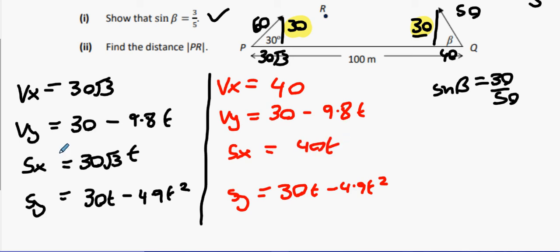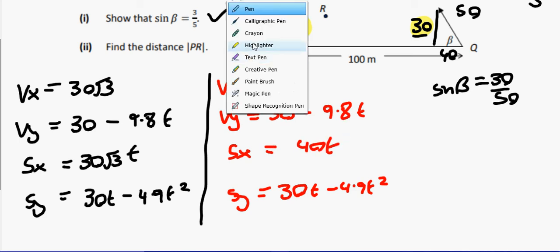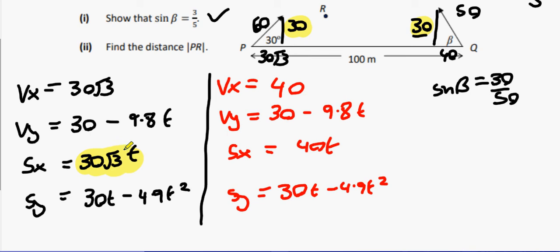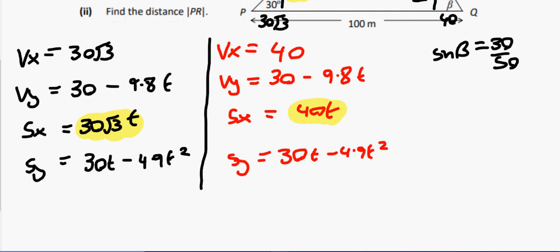Now, the distance traveled by the first particle along the x direction plus the distance traveled by the second particle along the x direction has to equal 100. Does that make sense?